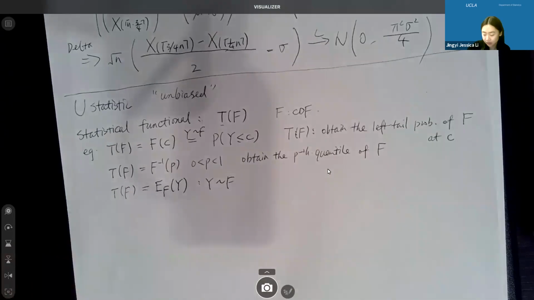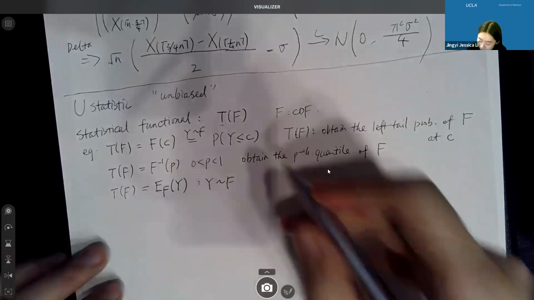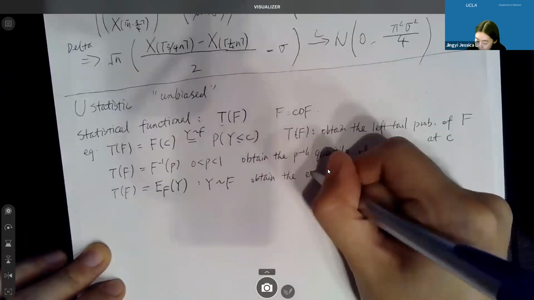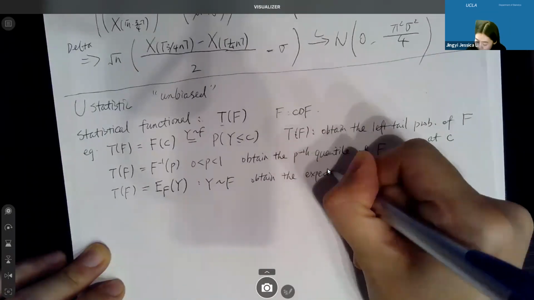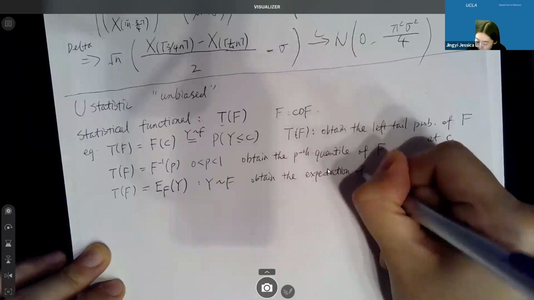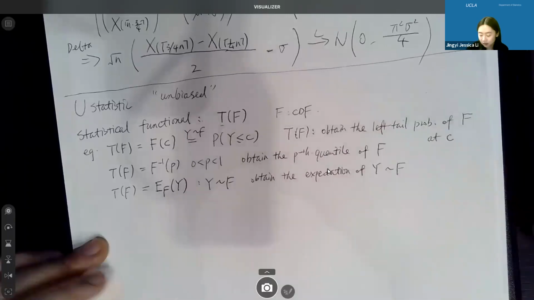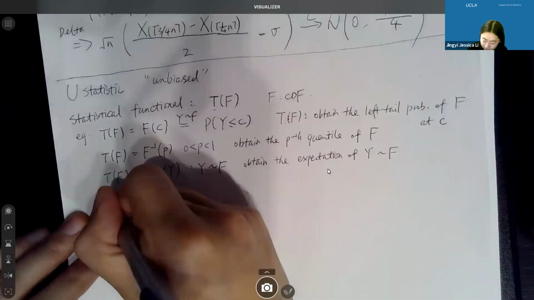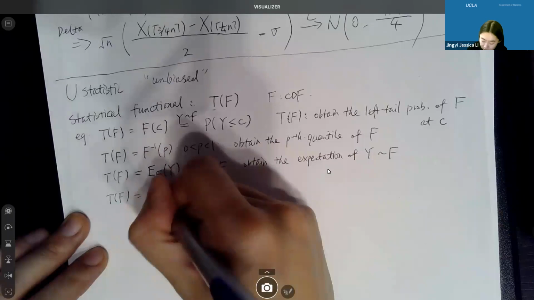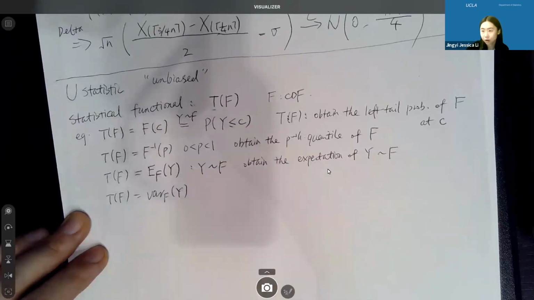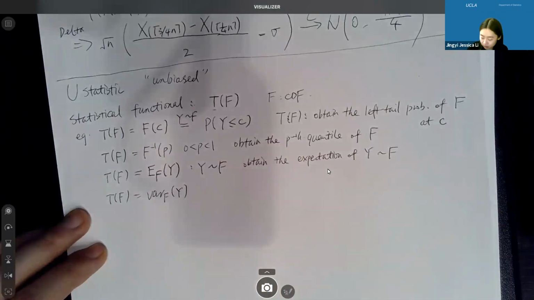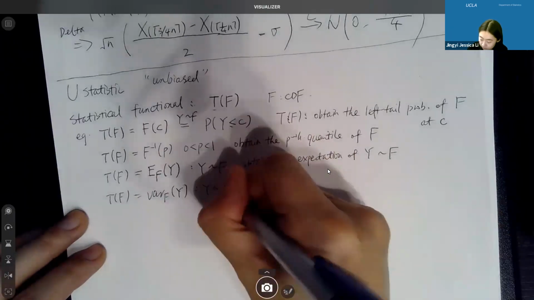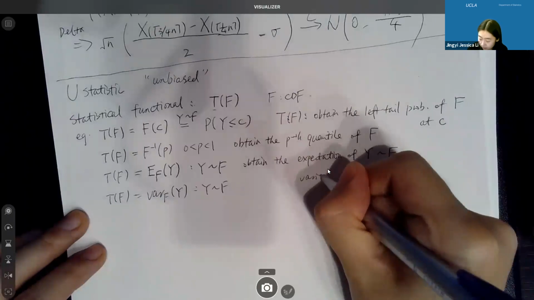So this obtains the expectation of Y following F. Or we could also have T(F) defined as the variance of Y if Y follows F, with a similar argument.